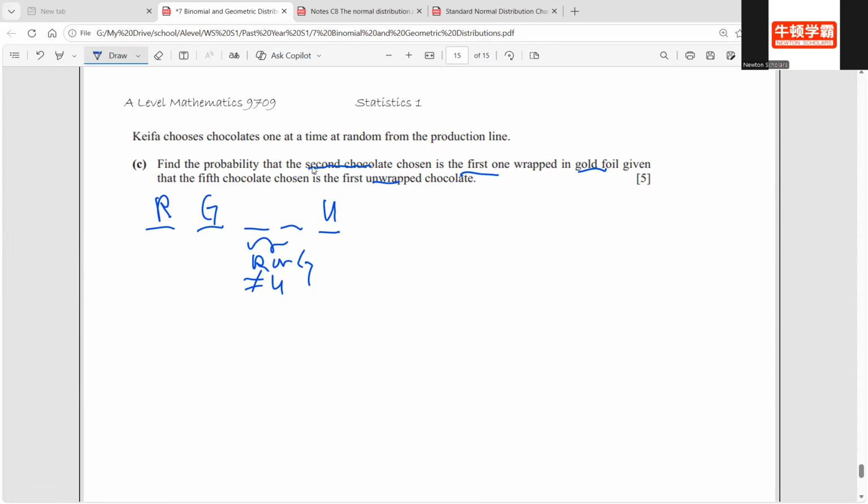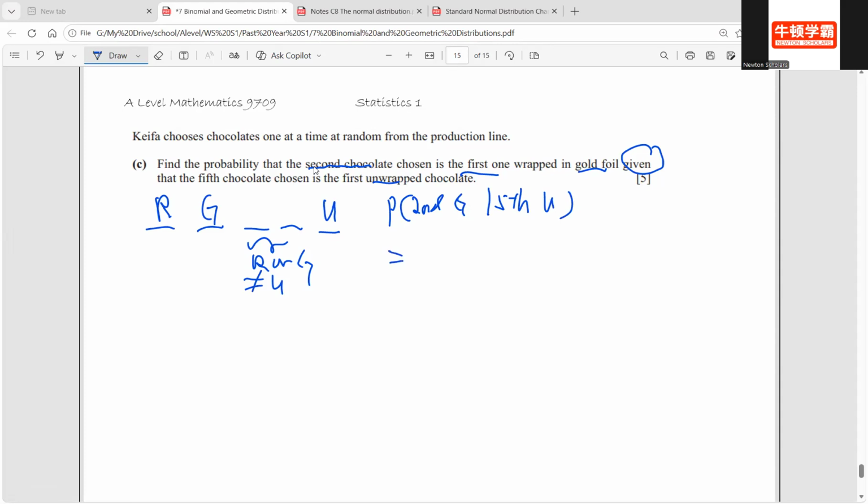Then we go for here. He said given, so you have to use conditional probability. I write down P(second is gold, given fifth is unwrapped).